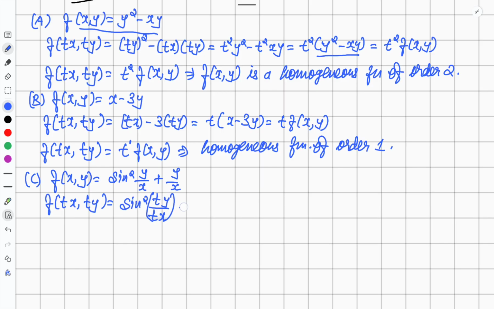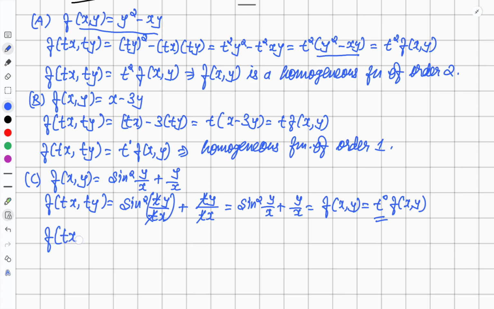Sin square of ty by tx, and again you replace y with ty and x with tx, and these t's cancel out. So this will become sin square of y by x plus y by x. And just look at it, it is f of xy, or we can write it as t raised to power 0 f of xy, because t is a real number. If it's raised to power 0, it becomes 1.